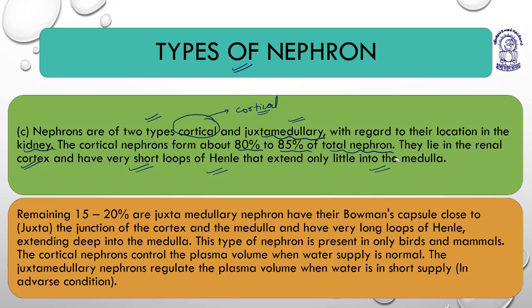So nephrons are of two types. One is the cortical nephron, and the other one is the juxtamedullary nephron. Around 80 to 85% of total nephrons are cortical nephrons. They mainly lie in the region of the renal cortex. Their glomeruli are found in the outer cortex, and the loops of Henle are short and extend only a little into the medulla.